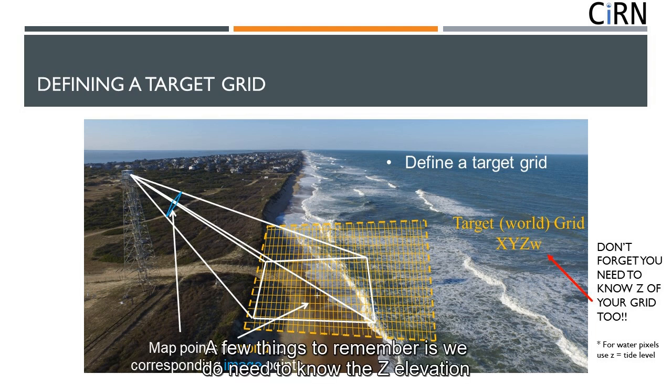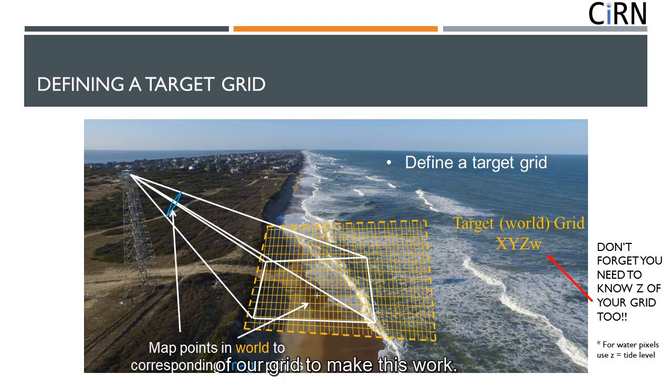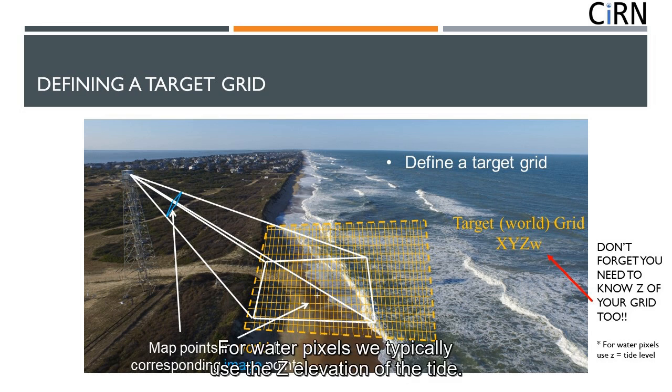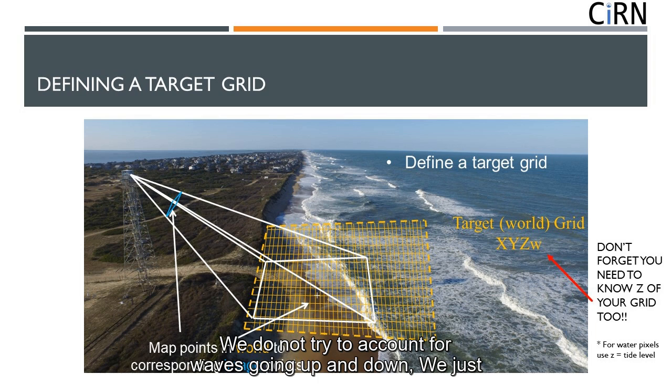A few things to remember is we do need to know the Z elevation of our grid to make this work. For water pixels, we typically use the Z elevation of the tide. We do not try to account for waves going up and down. We just give it a flat Z tide elevation.